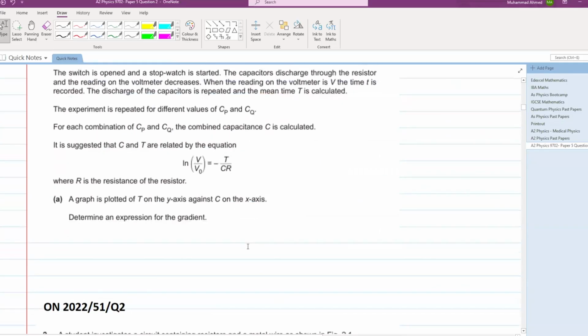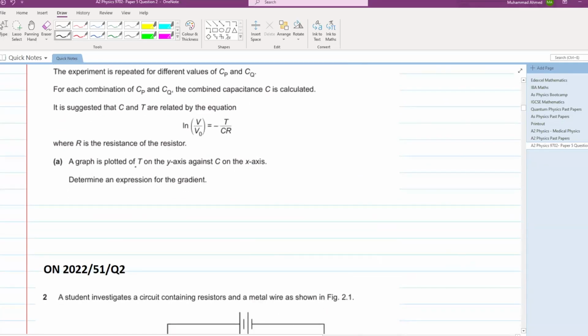Let's try out this equation. You have to plot t on the y-axis and C on the x-axis. Perfect. Let's rearrange the equation in that manner. ln(V over V naught) is equal to minus t over CR. Now if you have to plot t on the y-axis, you can take this negative and CR to the right hand side.